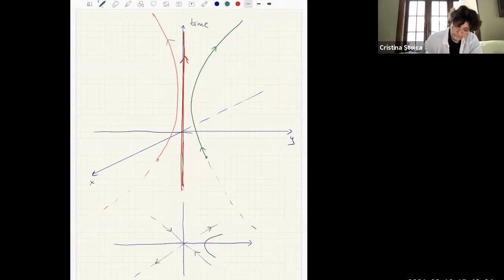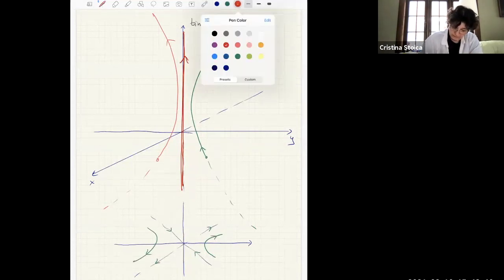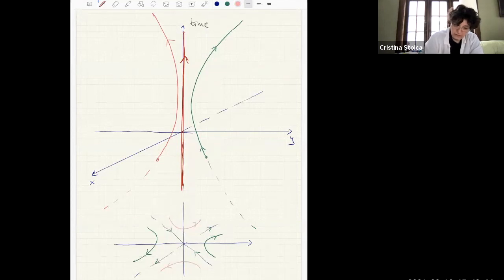When the equilibrium sits in the middle, this is called an unstable equilibrium.